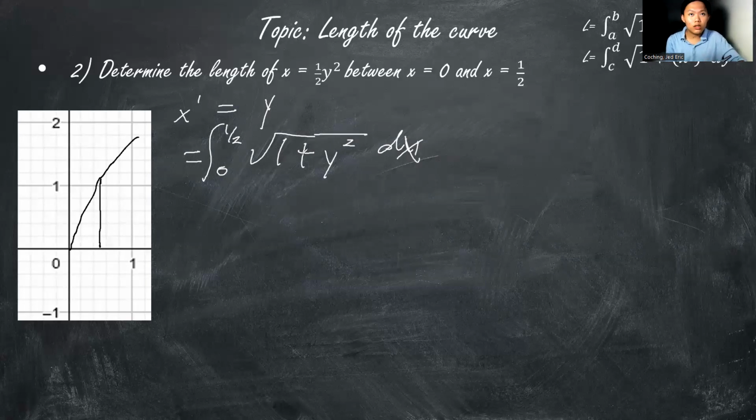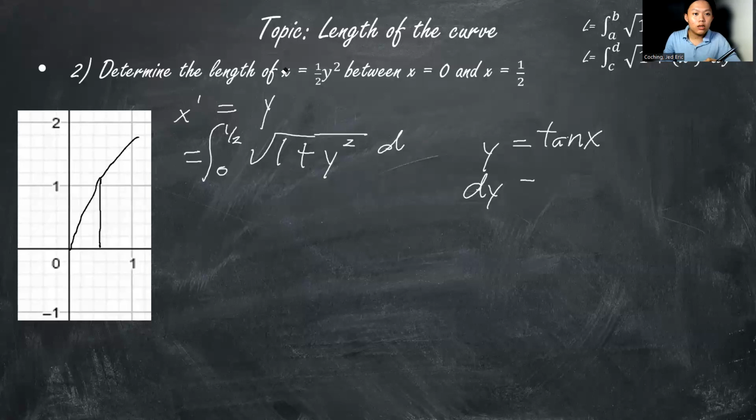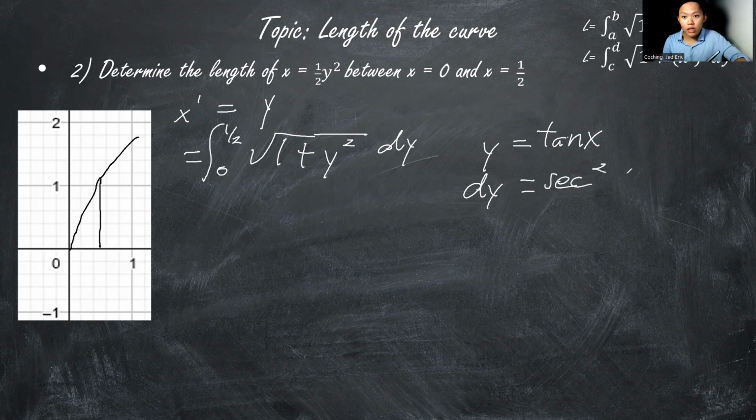In this we need to use y equals tan theta, with dy equals... wait, this is dy, and dy is going to be, if I remember correctly, secant squared theta d theta.